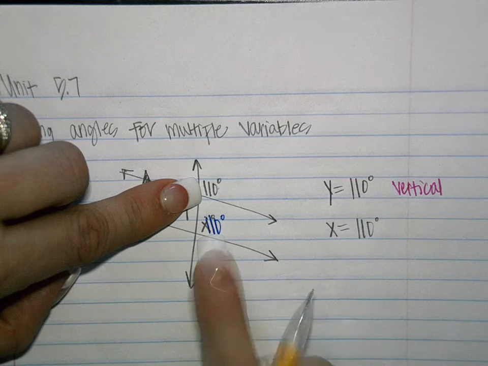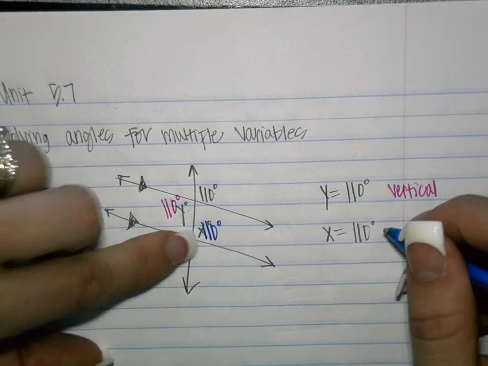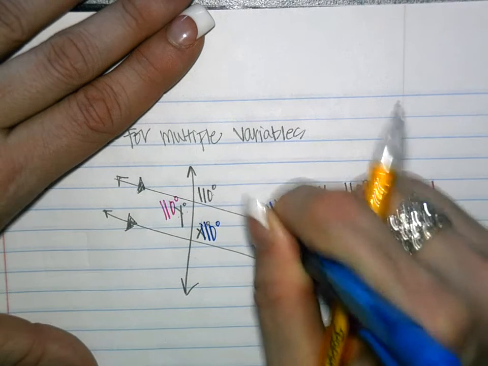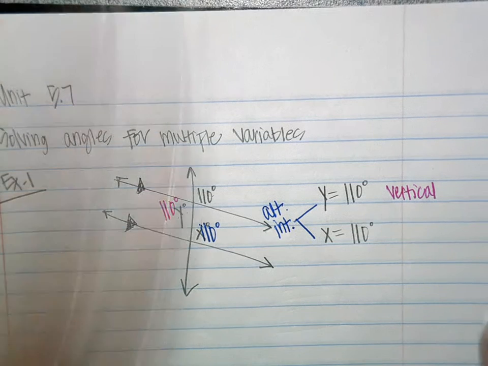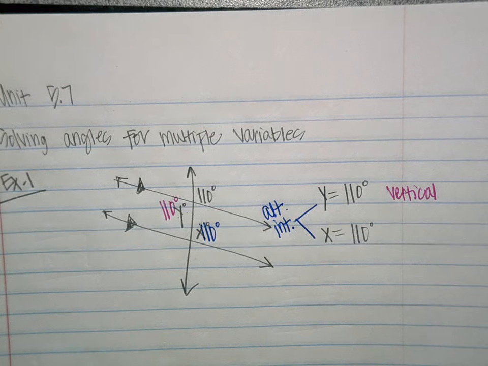So there are multiple different ways that you could have figured that out. Since x and y are alternate interior angles, that's why you know that they are equal to each other. So that's your answer. We should all be writing this down.